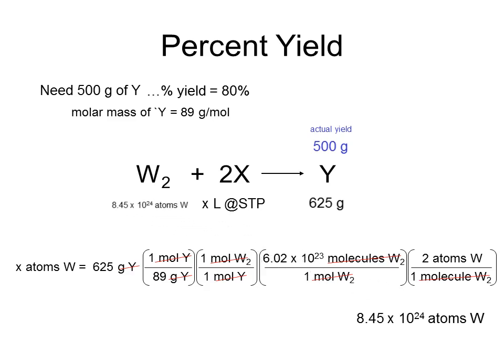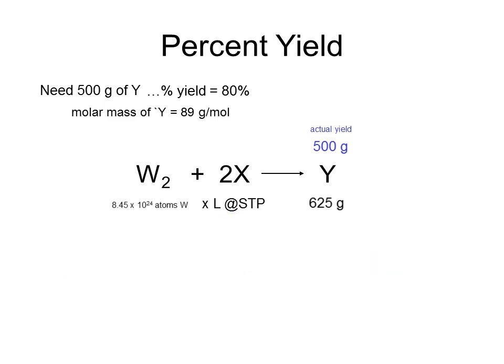Let's now turn our attention to the next question, the one about the volume of gas that I would produce for this problem. So again, we'll set it up. What are we looking for? The volume of X equal to 625 grams of Y. Our first step, just as before, is to convert grams of yttrium into moles of yttrium. So 89 grams is 1 mole, so the grams cancel.